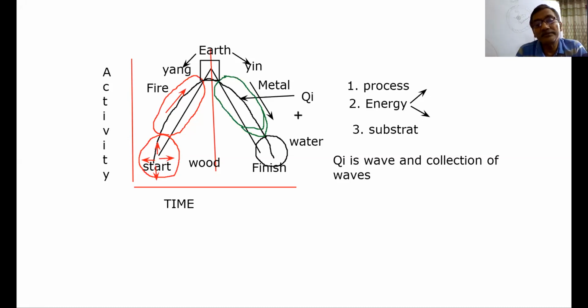Yes, sir. So today I have told you what is an element and what is chi. Will you remember this? Yes, sir. If you have any questions, you can ask me now.